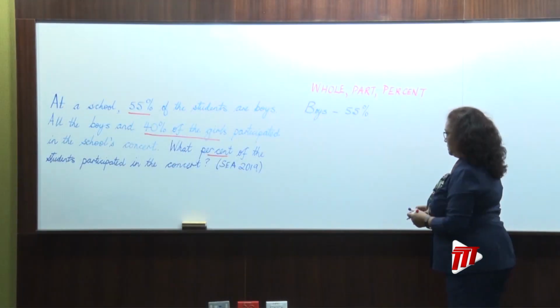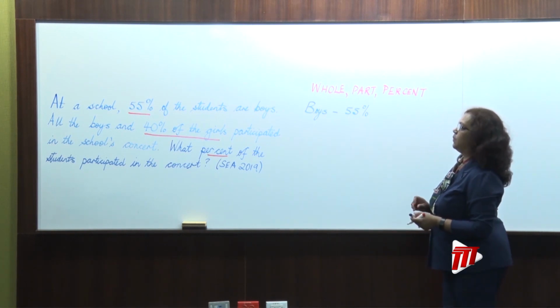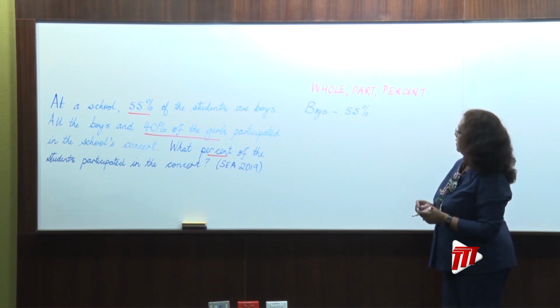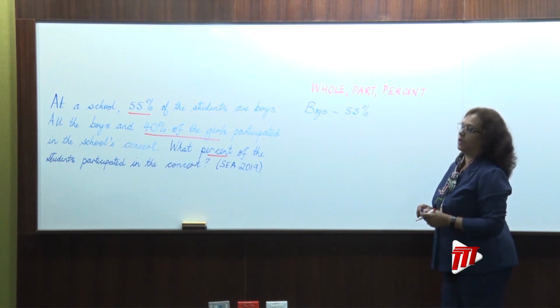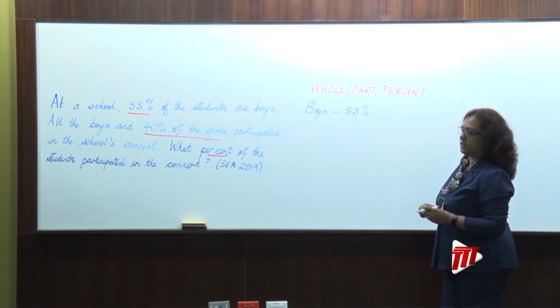So right away, if we are told that 55% of the students are boys, we can find out what percent of the students are girls. As we mentioned before, the whole is always represented by 100%.